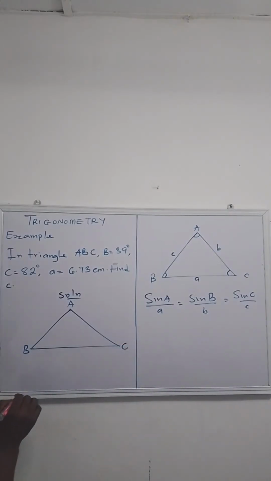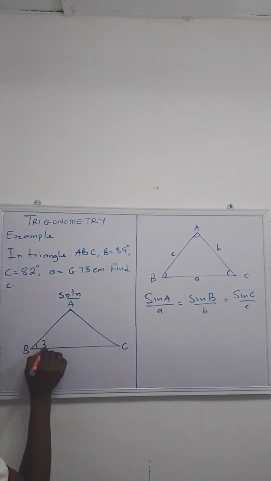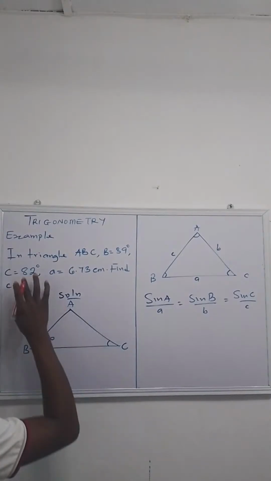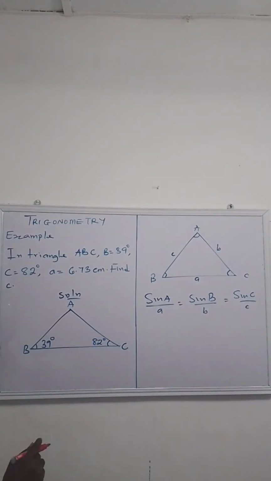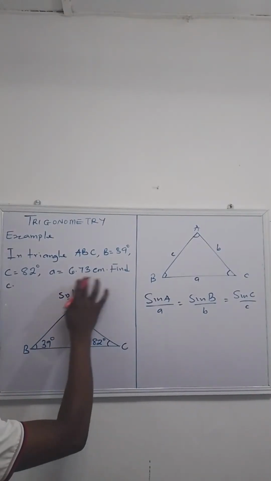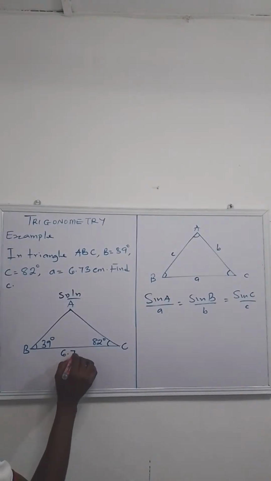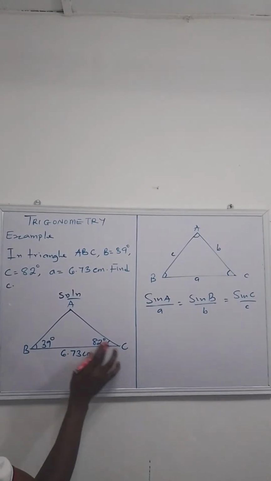In the question we are given angle B to be 39 degrees, and also angle C to be 82 degrees. We are also given side A. Side A is 6.73 centimeters. So we have to find side C.